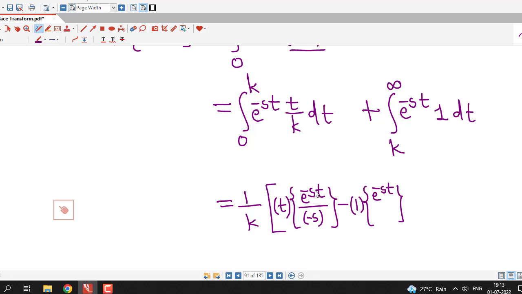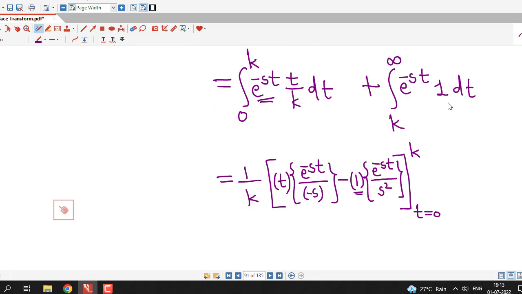The integral of e raised to minus st is e raised to minus st divided by minus s, and there is already minus s in the product, so we will have 1 by s square, and in the next step the derivative of 1 will be 0. So we stop here. We have applied integration by parts with u equal to t and v equal to e raised to minus st. Here the integral of e raised to minus st is e raised to minus st divided by minus s, and the limits of t are from k to infinity.